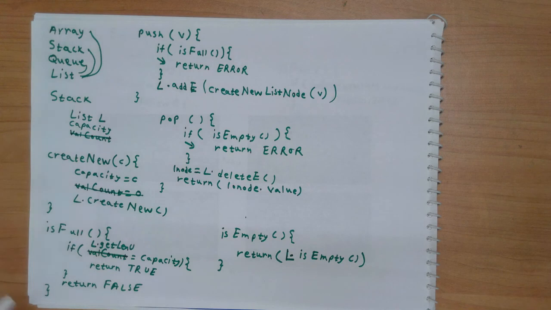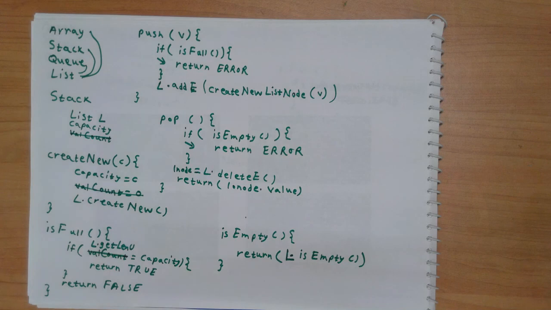And please understand, we haven't talked about how the list is implemented here. The list could be a singly linked list, a doubly linked list, or the list itself could be implemented using another abstract data type. For example, if my list is a singly linked list, then my pop operation requires deletion from the end, and this would require linear time complexity.